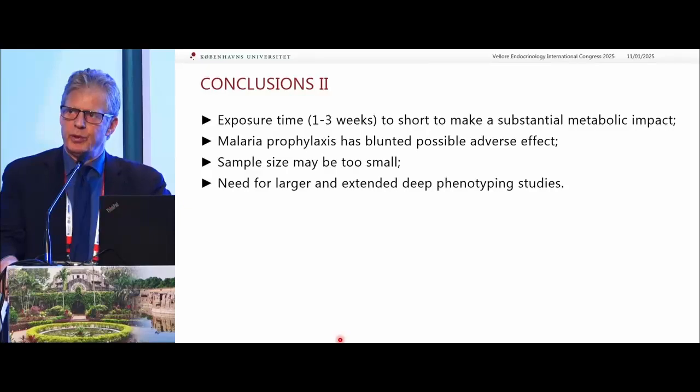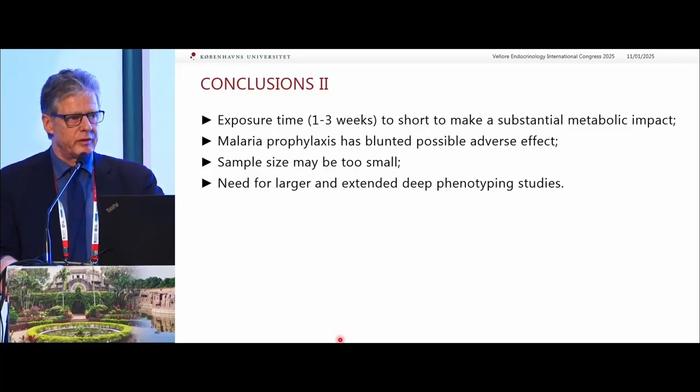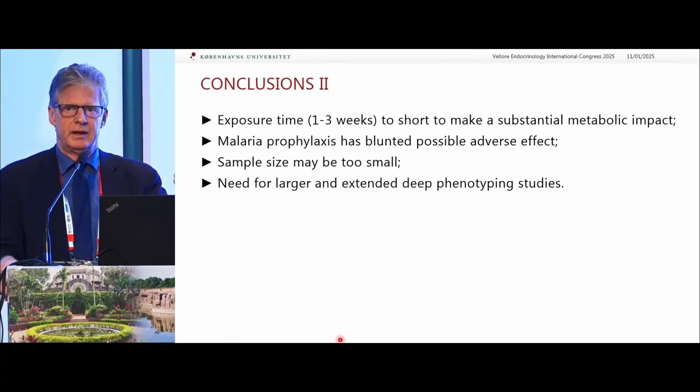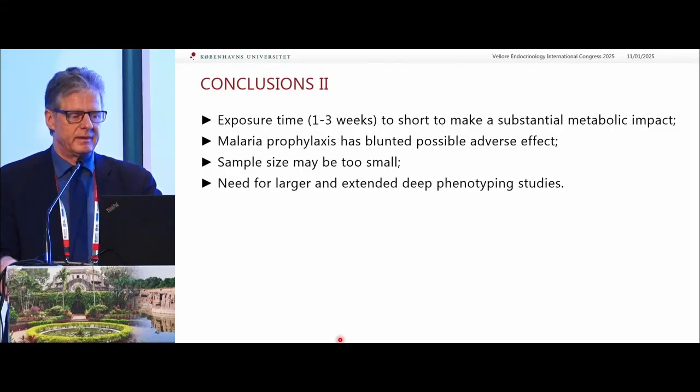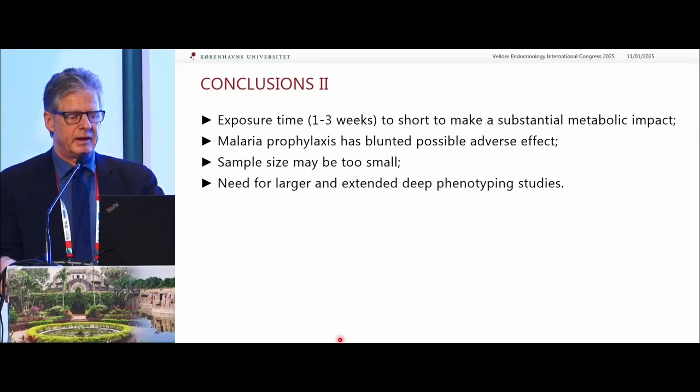But it's also important to say that exposure time may have been too short to make a substantial metabolic impact, exposure time to malaria, and thereby hypoxia. Also, the pregnant women were part of a malaria prophylaxis study, and this may have blunted possible adverse effects.